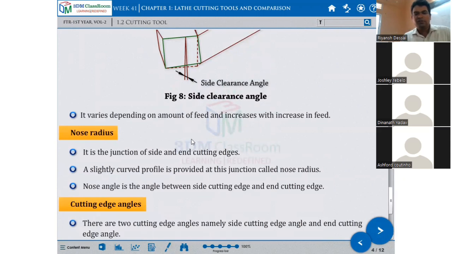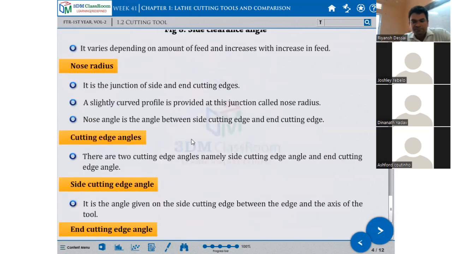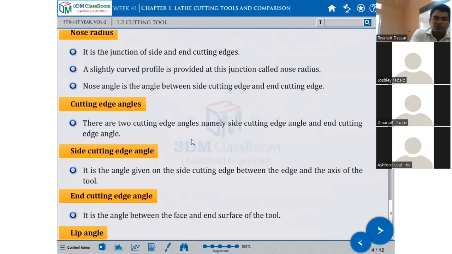Nose radius is the junction of the side and end cutting edges, slightly curved at the junction, called nose radius. Nose angle is the angle between the side cutting edge and end cutting edge. Cutting edge angles: there are two, namely side cutting edge angle and end cutting edge angle.